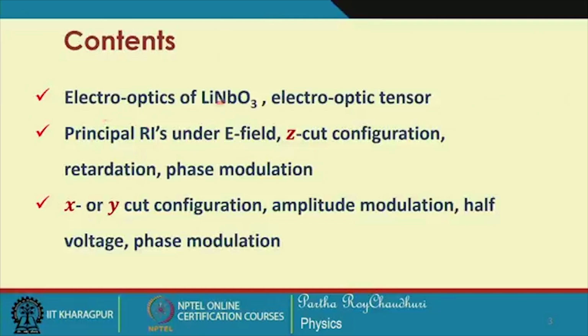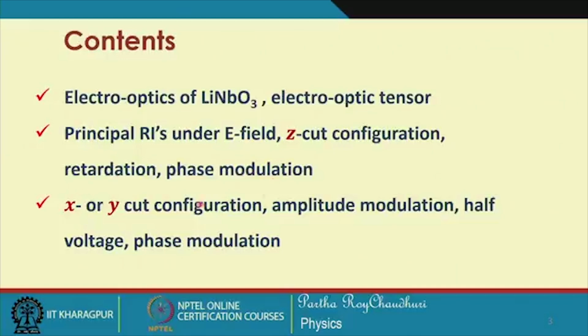So, these are the topics: electro-optics of lithium niobate in terms of the electro-optic tensor, principal refractive indices under the application of an external electric field, then the Z cut configuration, that is when the optic axis is along the z axis.